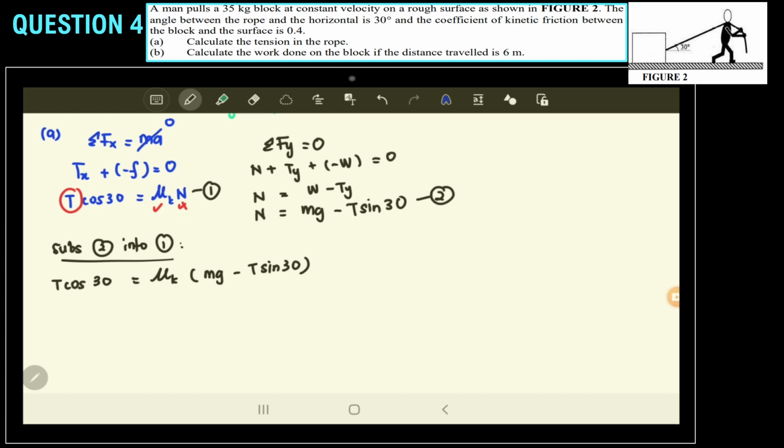Now let's factorize T because we want to find T. So it can be T cos 30 plus T sin 30 equal to mu k mg.